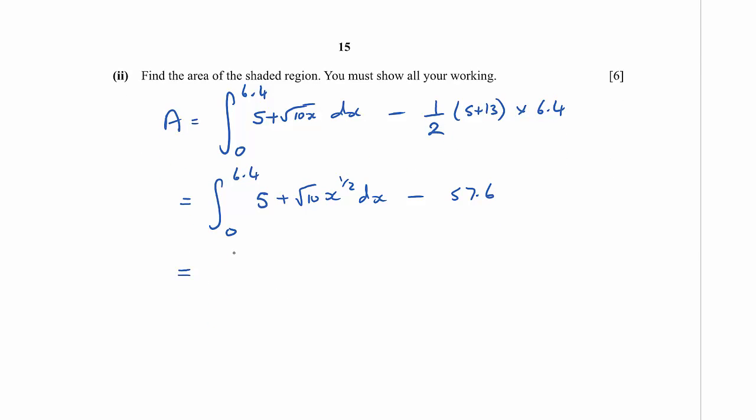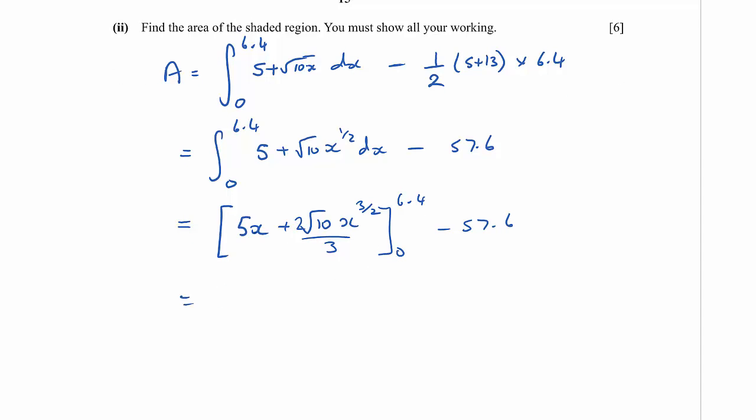Okay, so if we integrate this, well, we're going to get 5x there, and then we'll have root 10 times x to the 3 over 2 divided by 3 over 2, which is the same as multiplying by 2/3. From 0 to 6.4, take away 57.6.